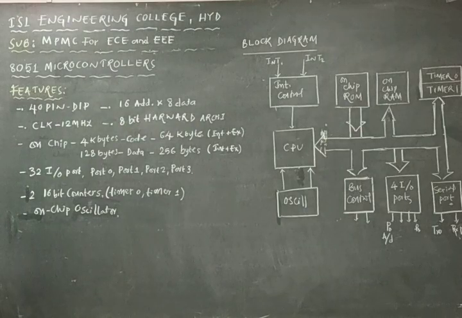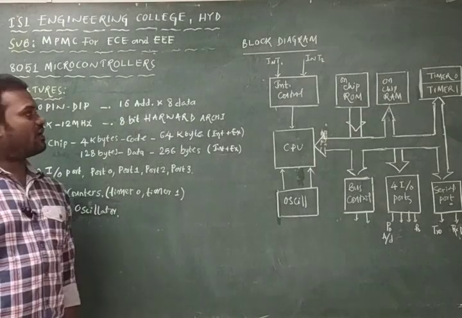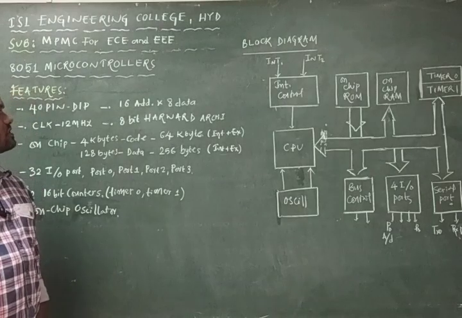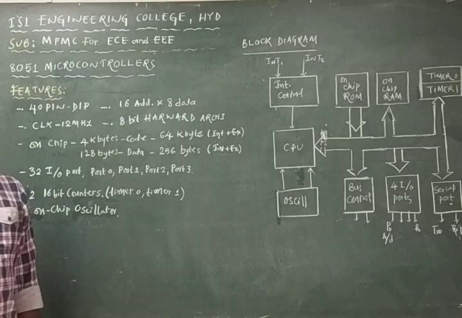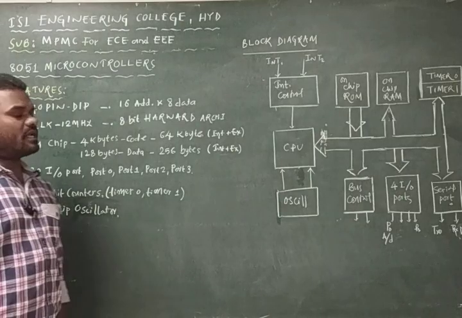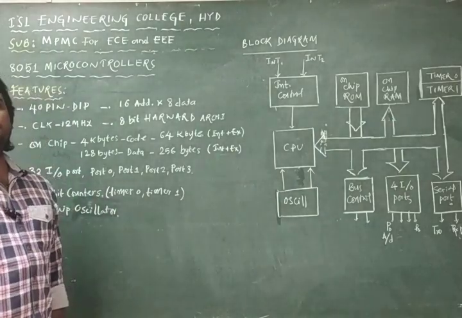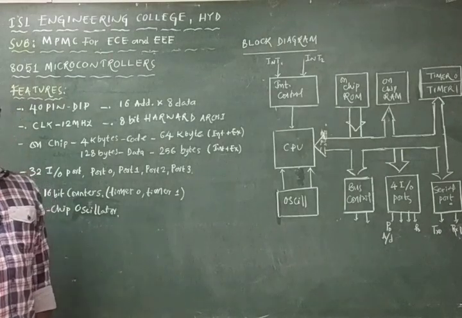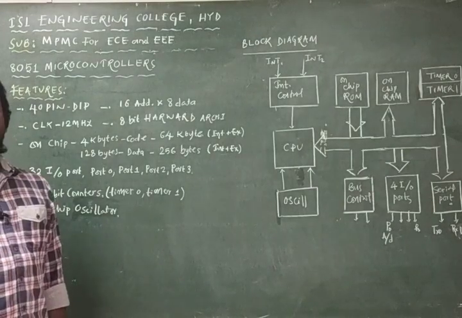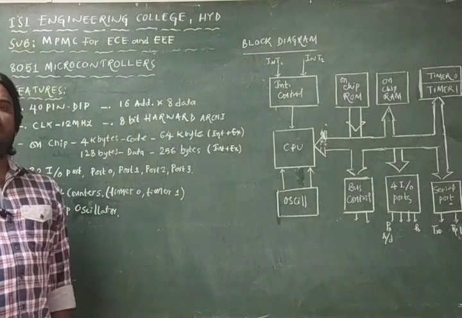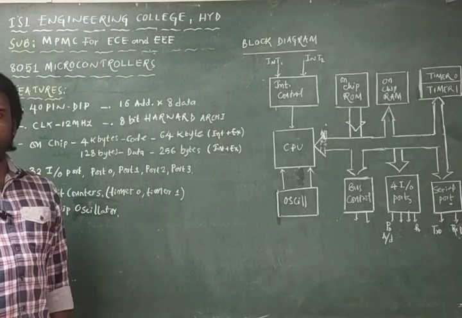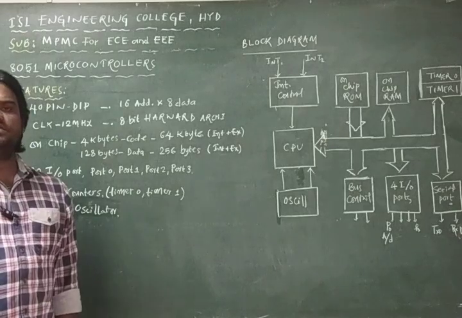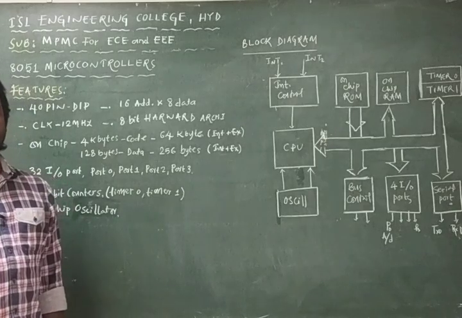The second important feature of the 8051 is that it has a 16-bit address bus and an 8-bit data bus. The 8086 microprocessor has an address bus of 20 bits, whereas this microcontroller 8051 has an address bus of 16 bits only.